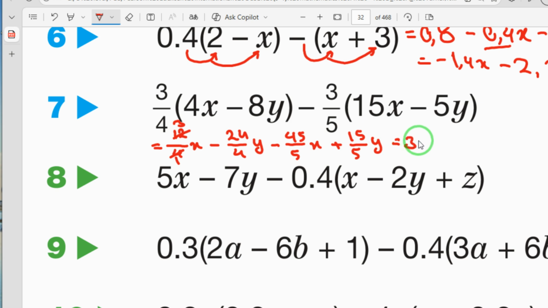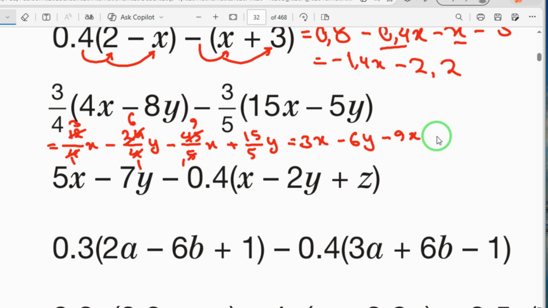We write here 3x. 1 times of 4 is 4, 6 times of 4 is 24, 6 multiplied by y remain minus 6y. Here minus 1 times of 5 is 5, 9 times of 5 is 45, remain minus 9x plus 1 times of 5 is 5, 3 times of 5 is 15 plus 3y.